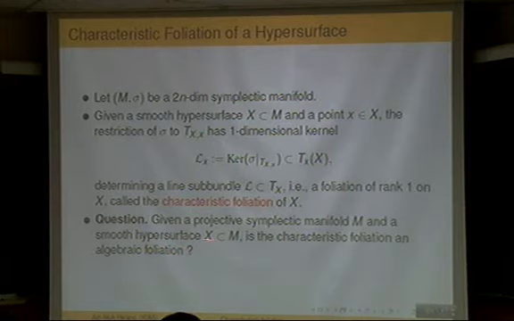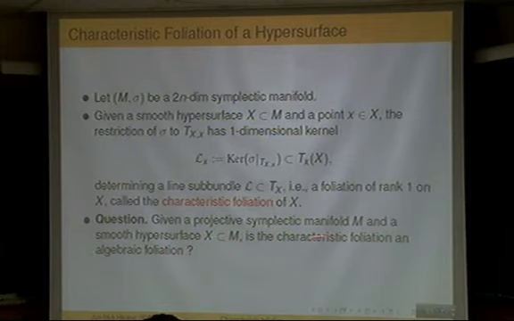But in real symplectic geometry, this was a very old question and one of the central questions, because the characteristic foliation in real symplectic geometry is exactly the orbit of motion in the setting of classical mechanics, celestial mechanics. When you interpret classical mechanics in terms of symplectic geometry, a hypersurface means some choice of energy functional and energy level set, and the characteristic foliation is exactly the orbit of motion.